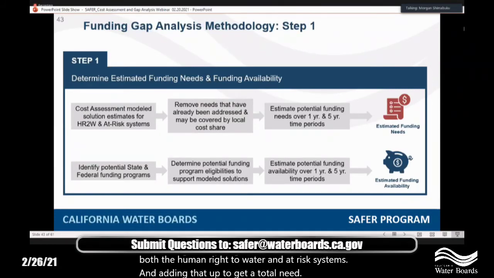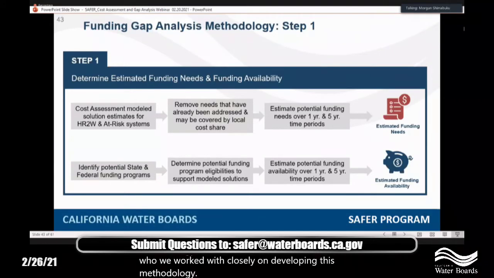Next, there will be a part where we're going to remove the estimated need that already has been addressed, which is basically those water systems on these lists that already have funding agreements with the Division of Financial Assistance, who we've worked with closely on developing this methodology.